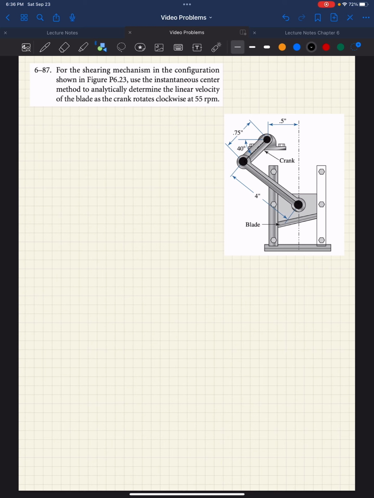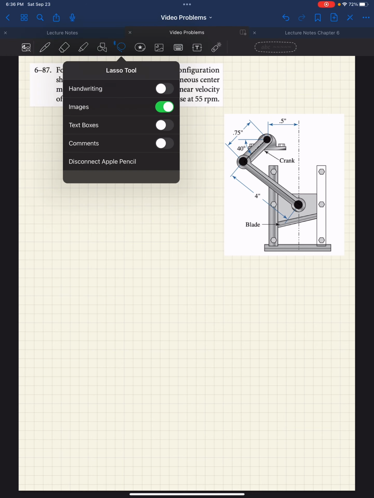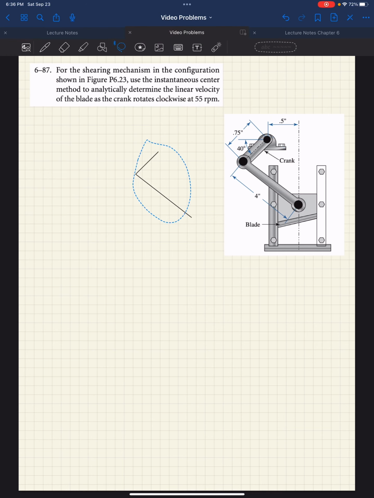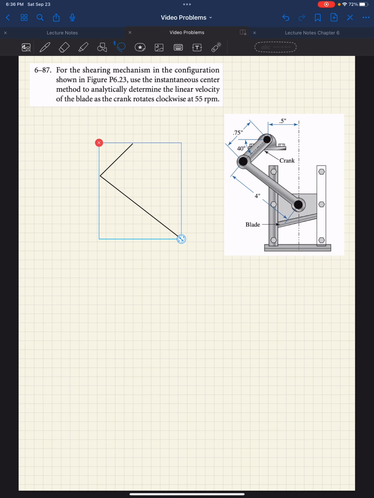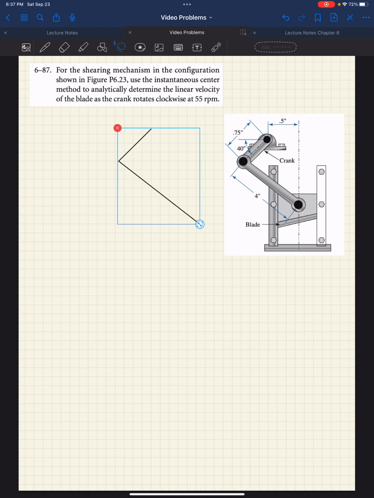So go ahead and draw this. Draw the shear down here, maybe use the shape.